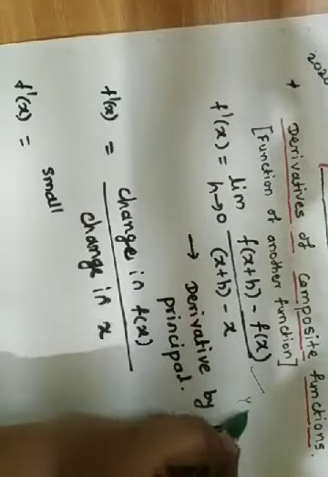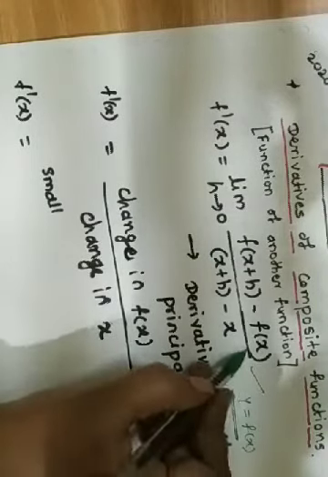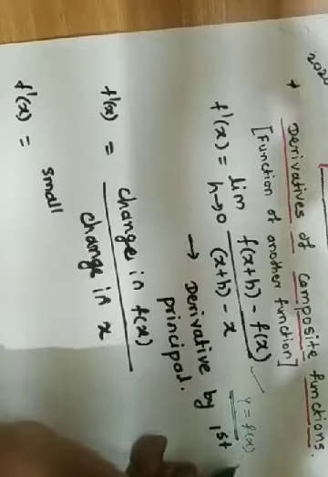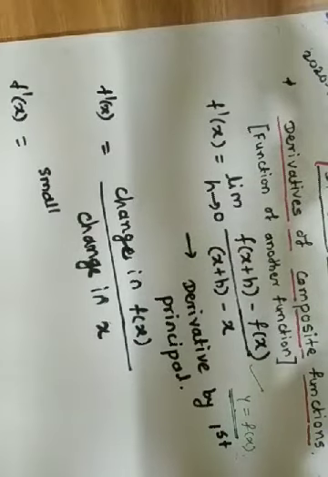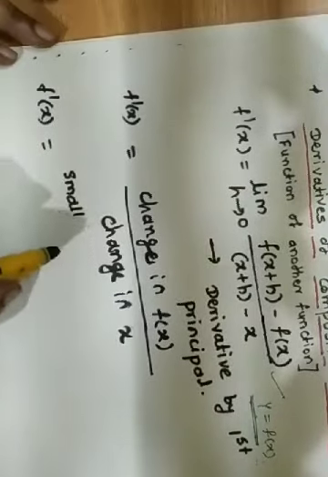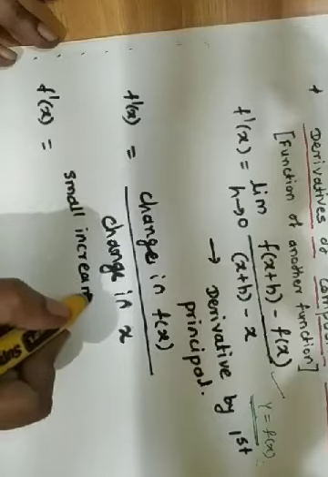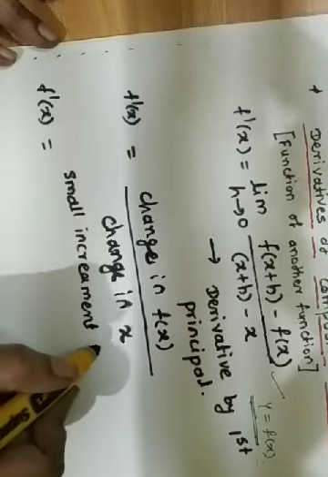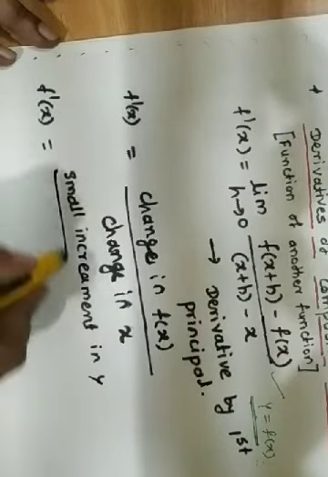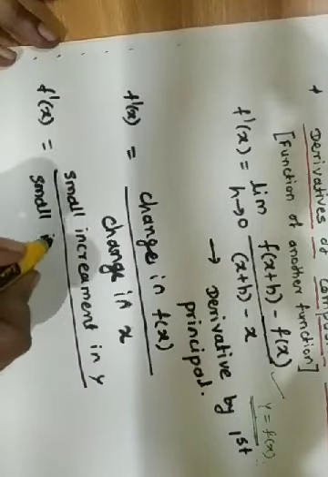Why? Because we have y is equal to f of x. Therefore, we have to write it as small increment in y. And what is the denominator? It is small increment in x. What is the small increment?